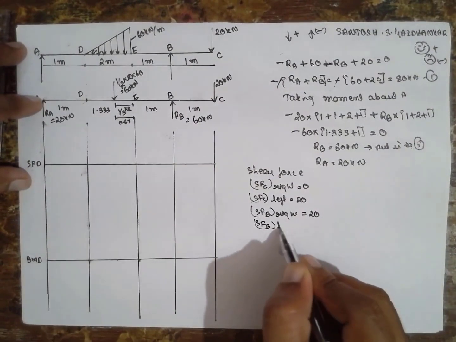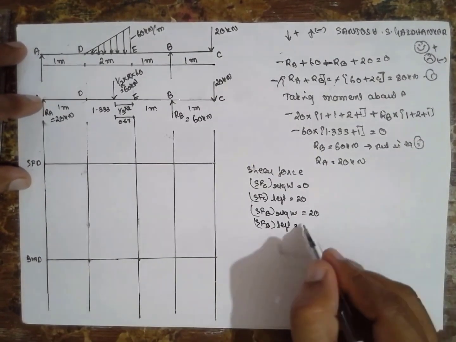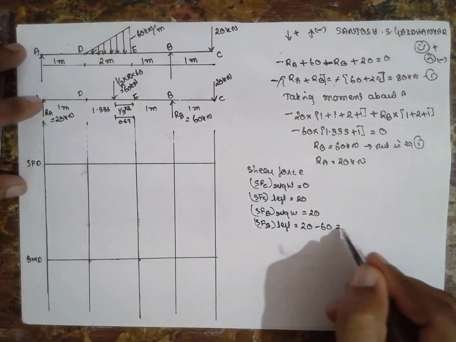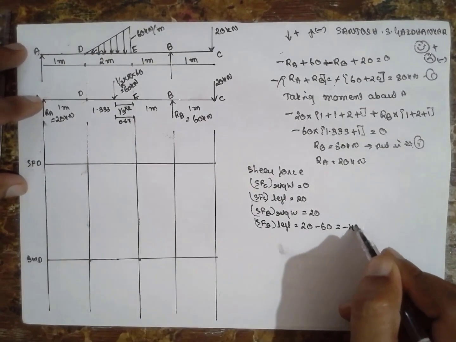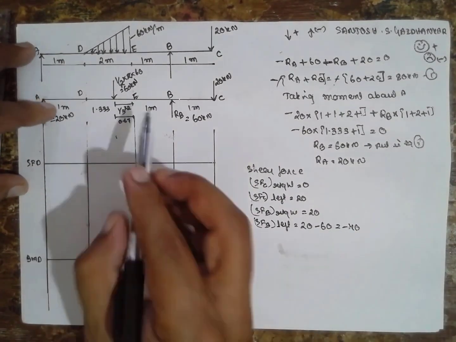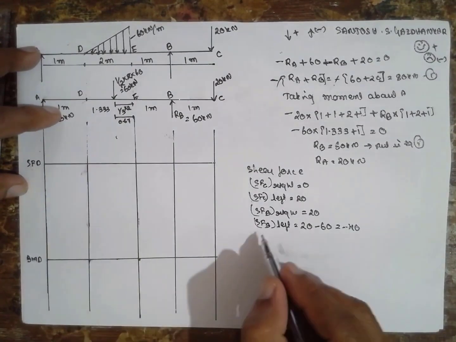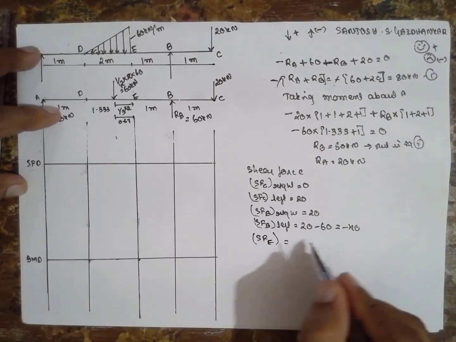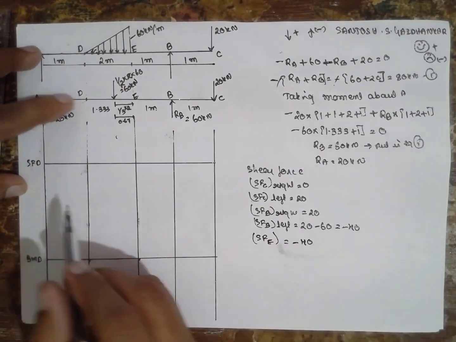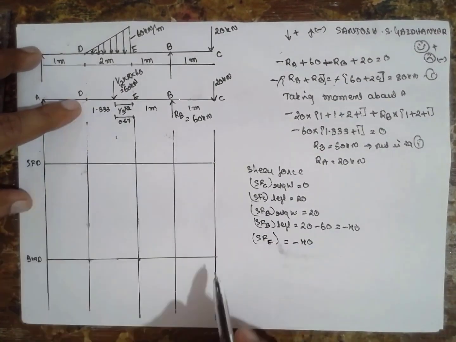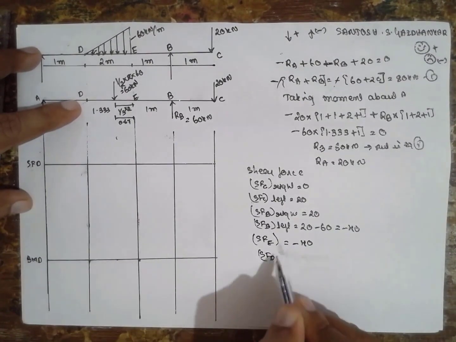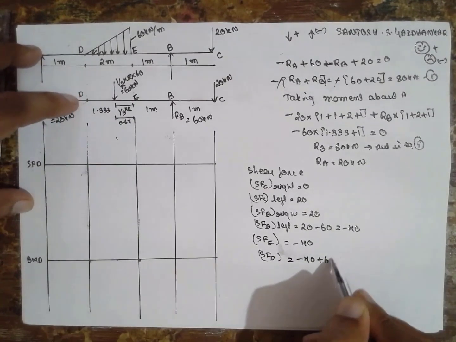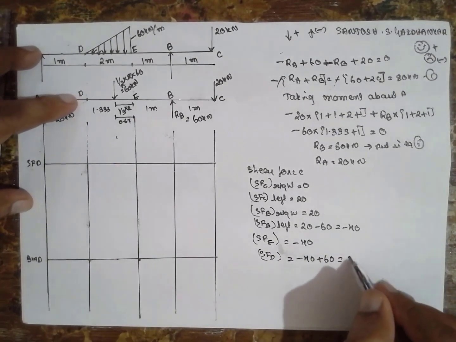SFB on left: 20 minus 60, it will be minus 40. At E there is no load acting here, therefore you take a single term at E, which is nothing but minus 40. At D there is also no load here, therefore SF at D will be a single term, minus 40 plus 60, you will get 20 kilonewton.